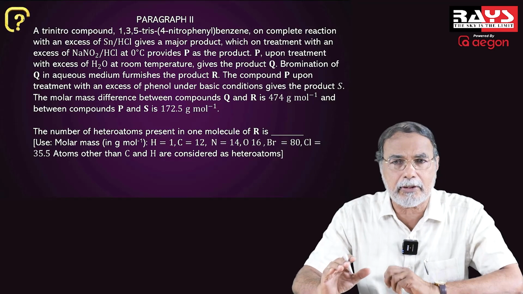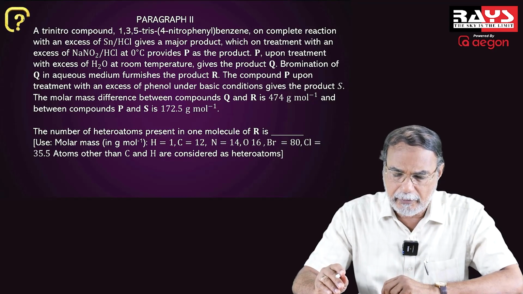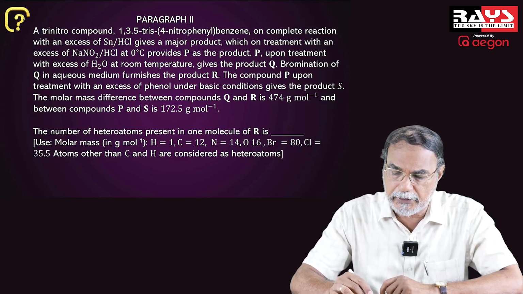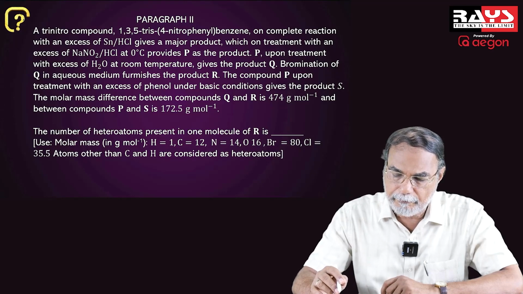So again, not a complicated question, but the compound given is 1,3,5-tris(4-nitrophenyl)benzene on complete reaction with an excess of tin and HCl.